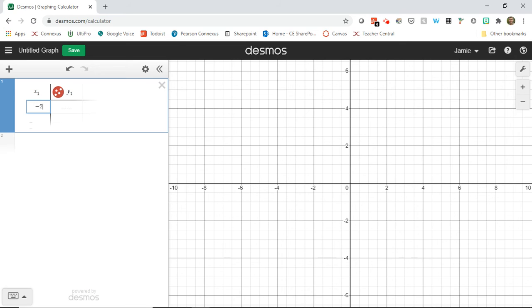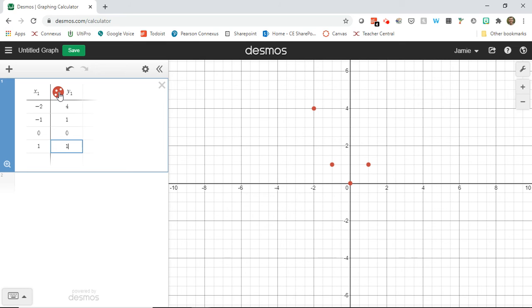So I had -2, 4. I had -1, 1. I had 0, 0. And then I had 1, 1. It's going to put them just as points on the graph to start with.